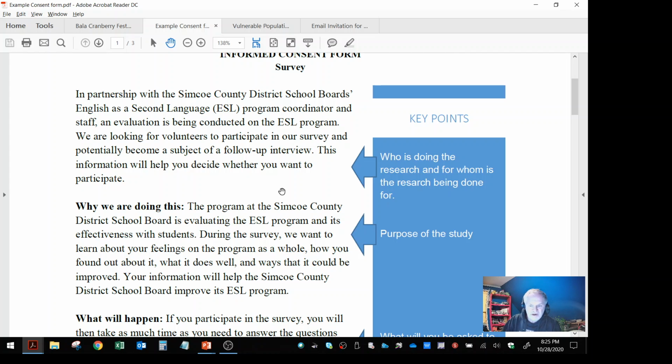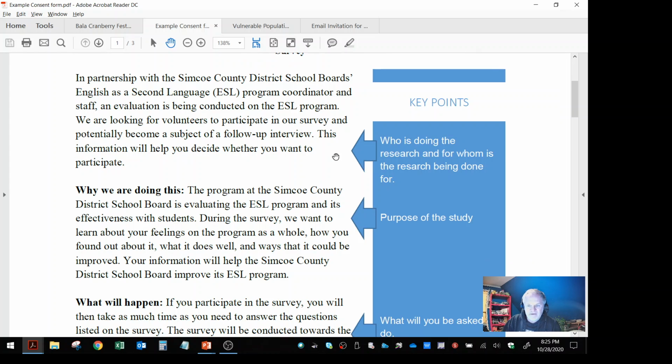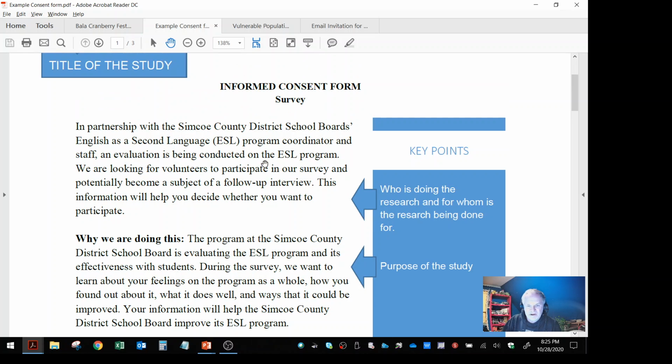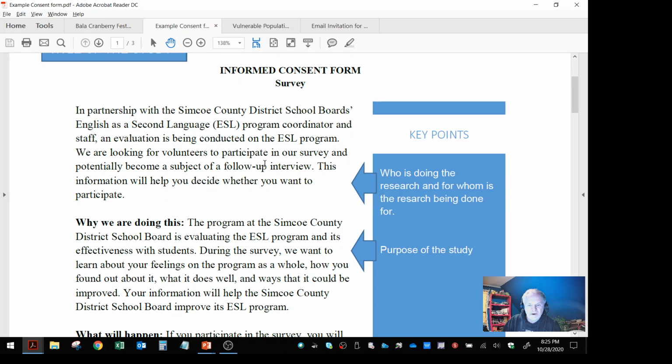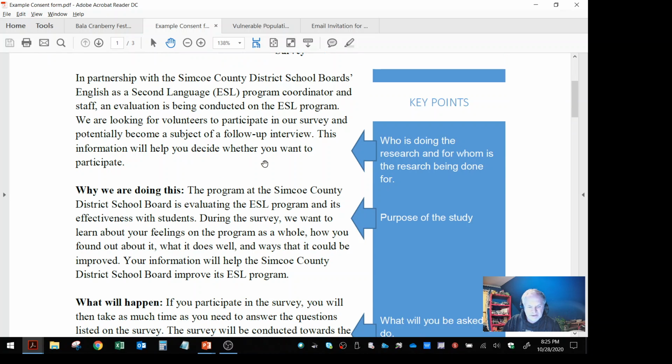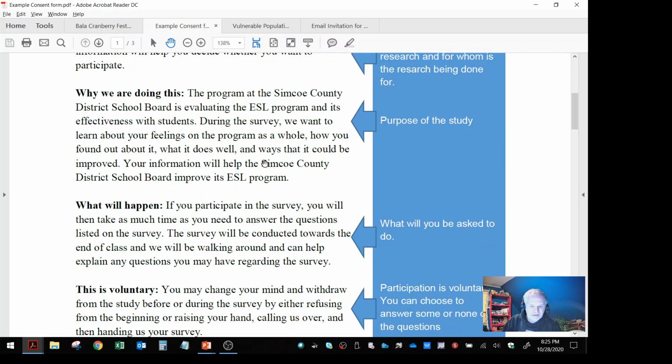I'm not going to go through it in detail here. I ask that you do it on your own. I've highlighted the key points that must be covered. This is from an approved consent form for a study that was completed by RAP students last year.